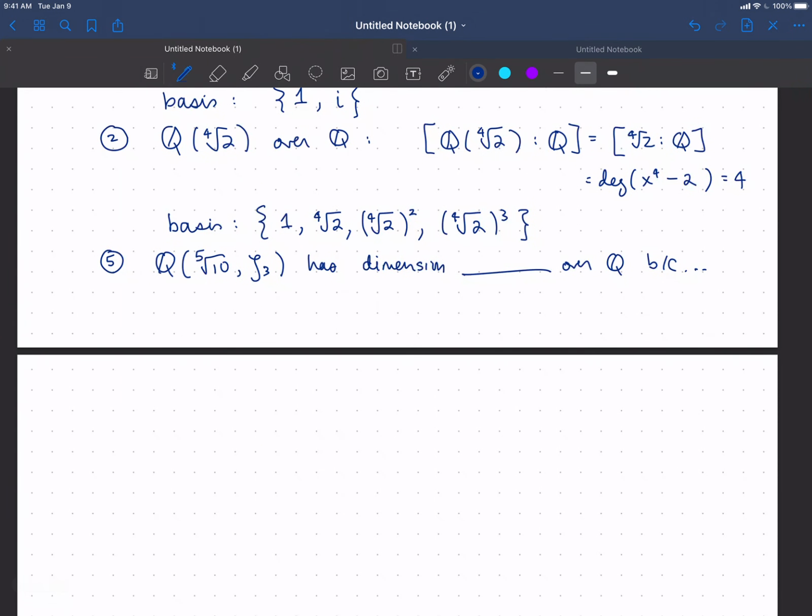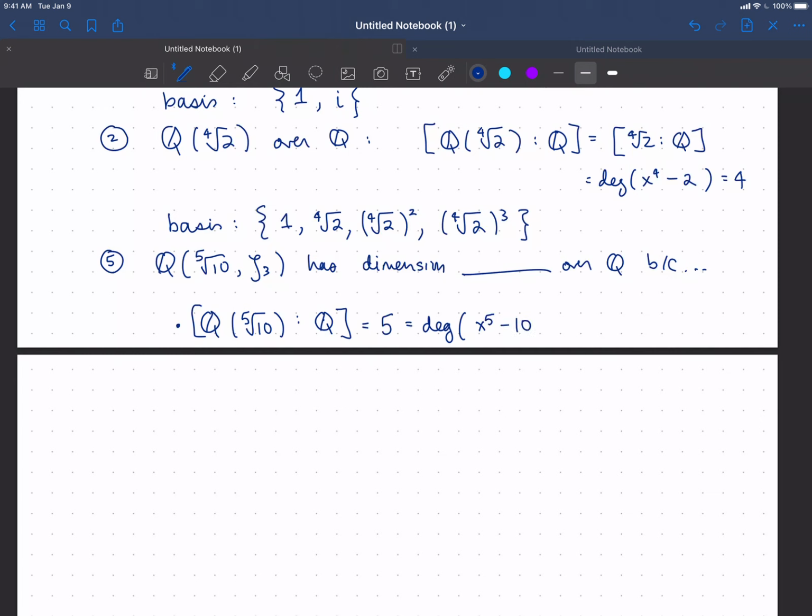Well, I probably want to do it in a couple of steps. And this is going to lead us to an observation that will help with the next proposition. So first I want to look at Q adjoin the 5th root of 10 over Q. I want the dimension of that vector space. I think this is going to be 5 because I think it's the degree of x to the 5th minus 10.